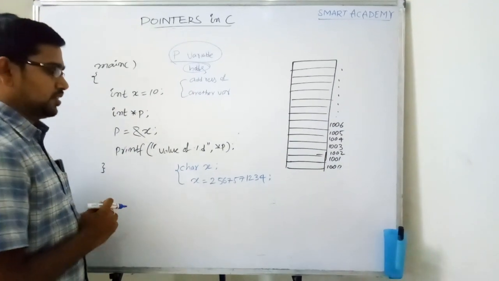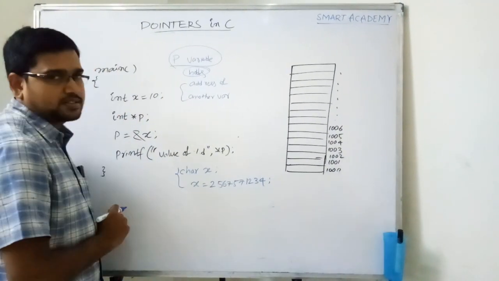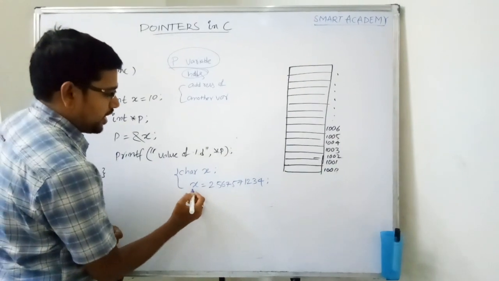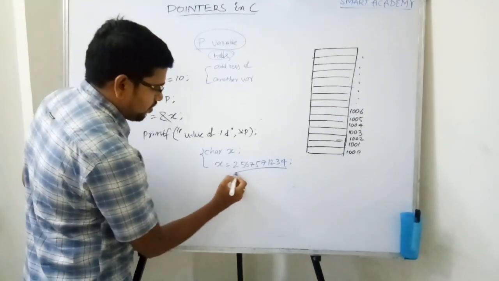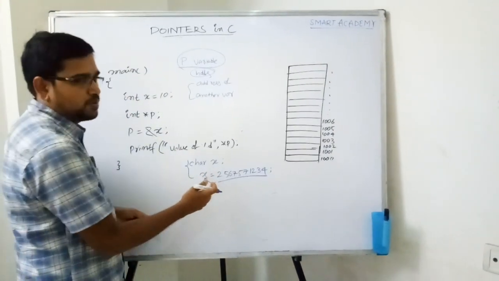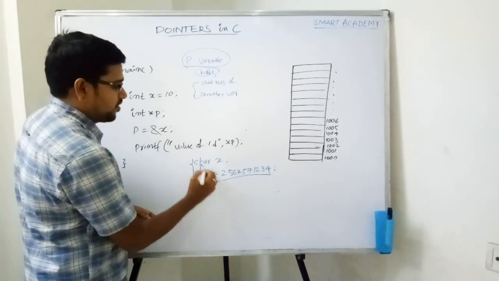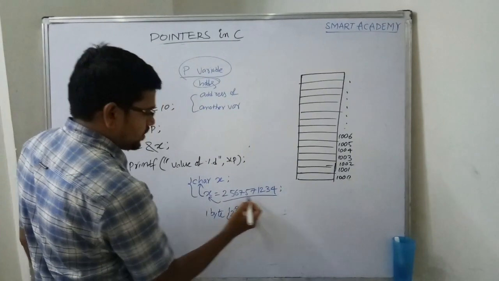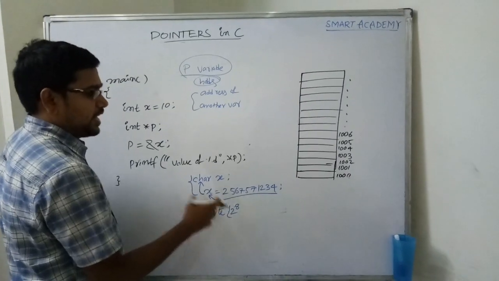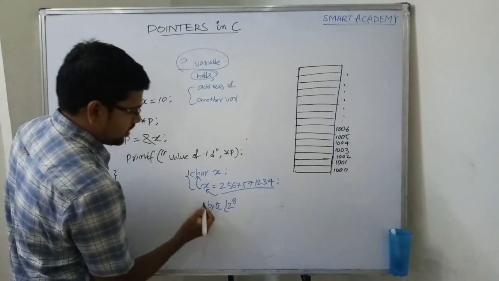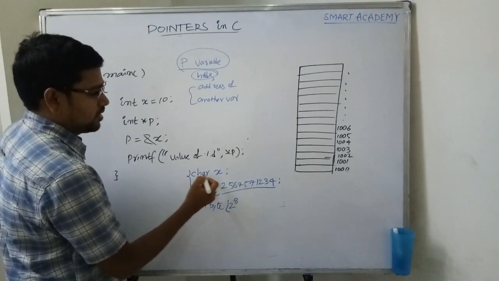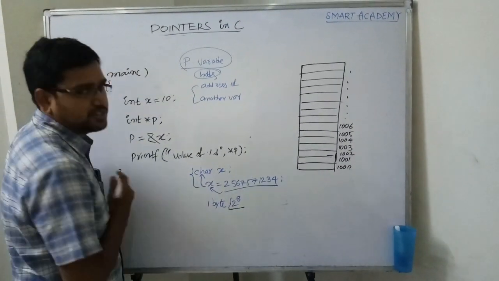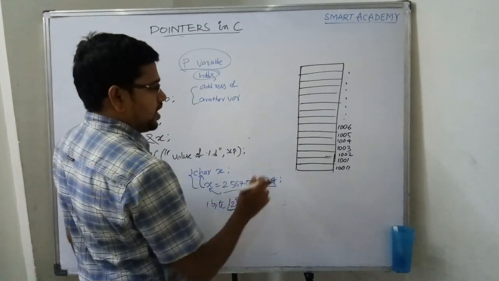There is a mistake here. I define char x, fine, no problem. And I assign a big number to char x. What is the problem here? x is of type character. That means if I assign this huge number to x, it cannot hold it, because the maximum limit of x, because it is character, is 2 power 8. So it cannot hold this number.